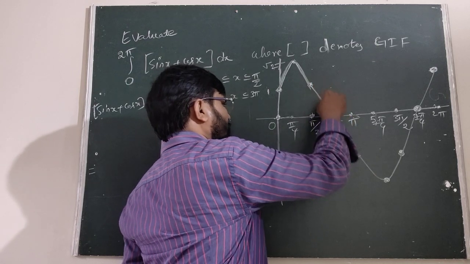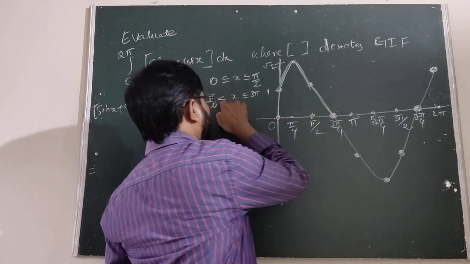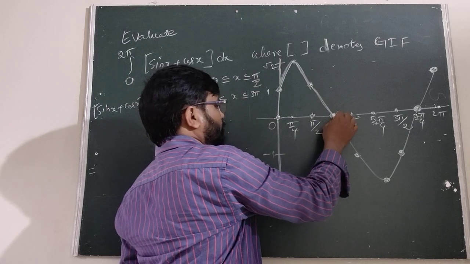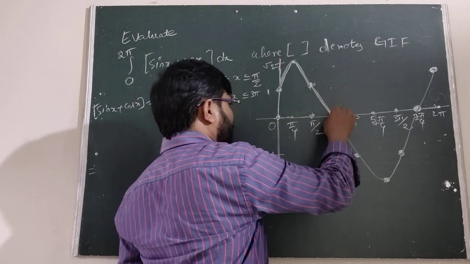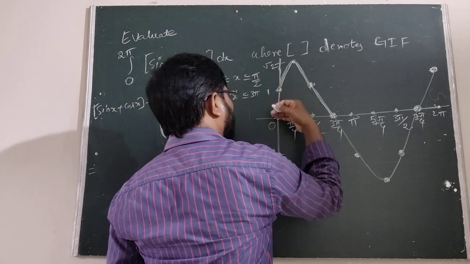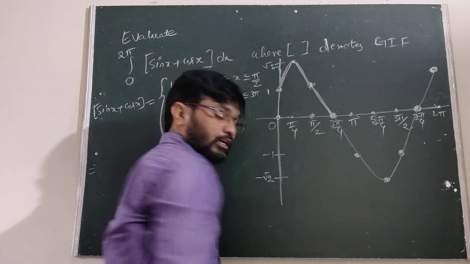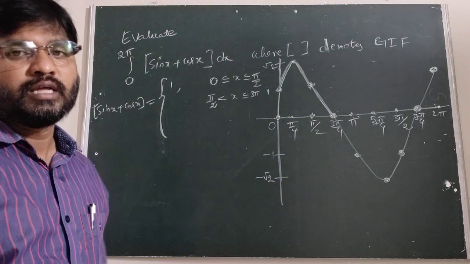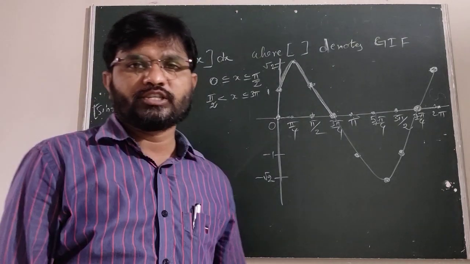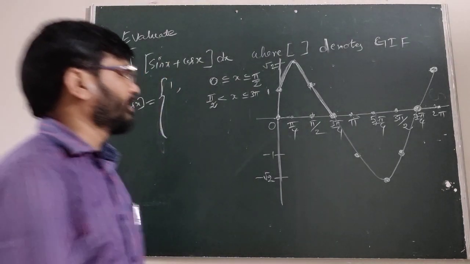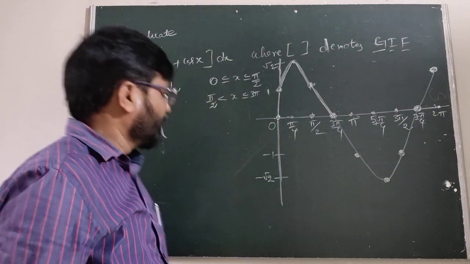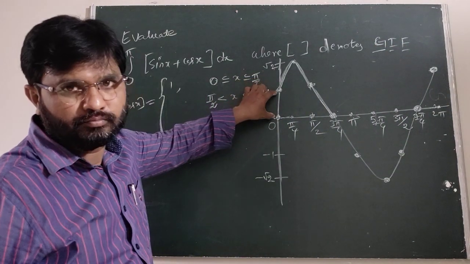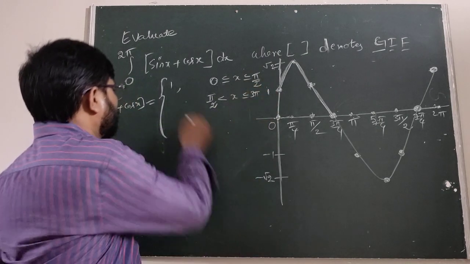These all values are between 0 and 1, but not equal. Therefore, the step of this region must be below 1, that means 0 to 1. The greatest integer function in between 0 and 1 is equal to 0.